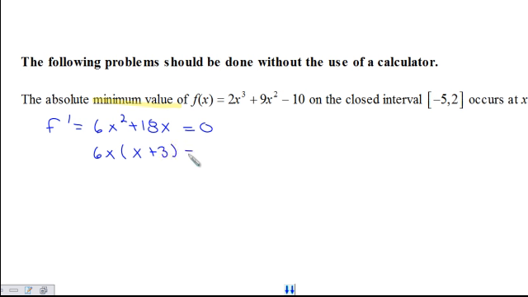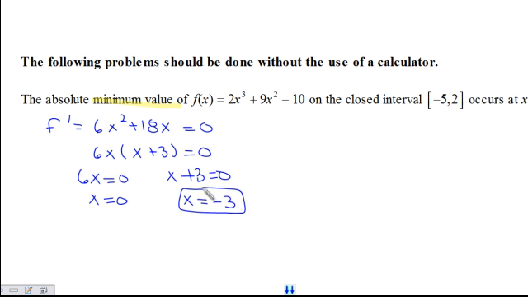So I'm factoring out a 6x. I get 6x is equal to 0 and x plus 3 is equal to 0. So x is equal to 0 and x is equal to negative 3.